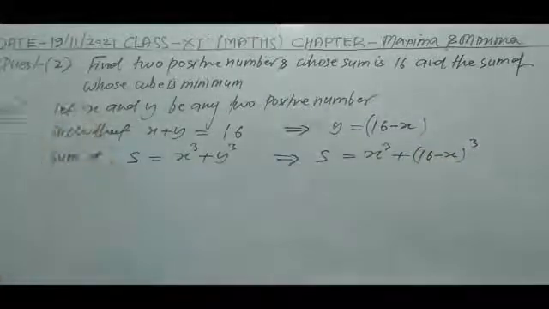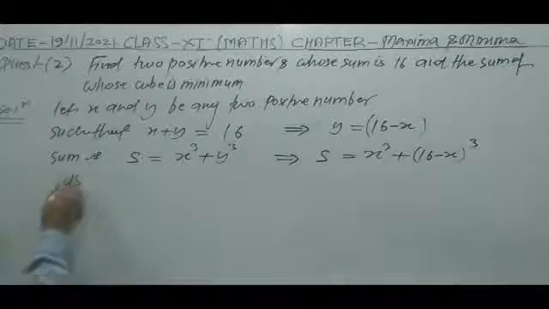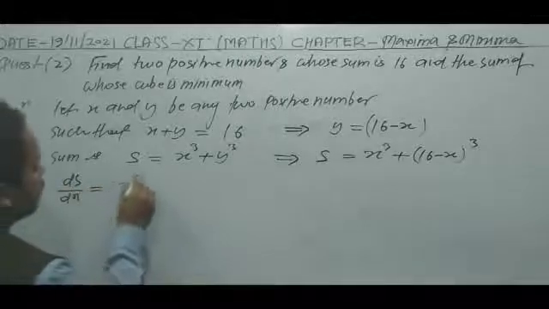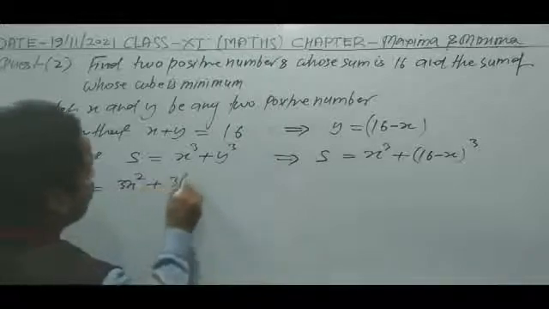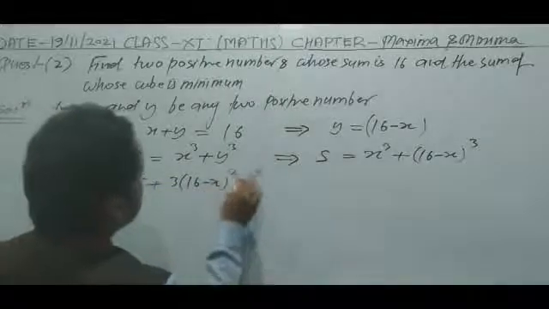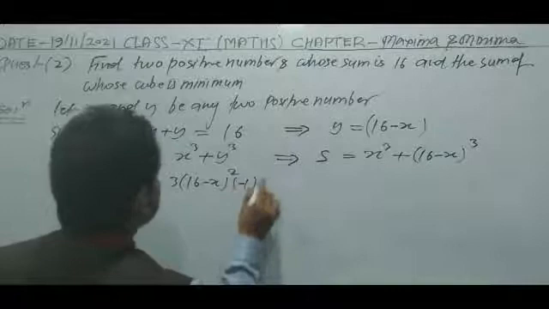We have to show the sum of whose cubes is minimum. So this is the sum. Suppose we calculate dS upon dx. You get the result 3x square plus 3 times (16 minus x) whole square into minus 1.